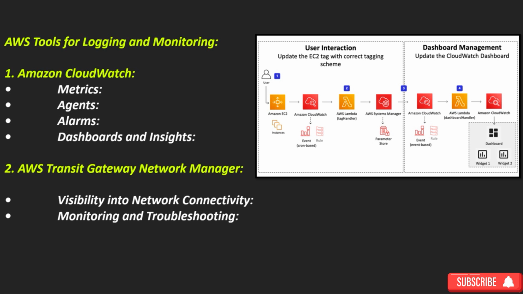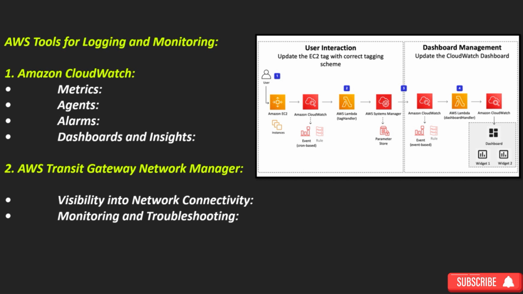And what about the alarms? Set up alarms to receive notifications when certain thresholds are breached, allowing for proactive issue resolution. Finally, dashboards and insights: create custom dashboards to visualize data and gain actionable insights into your system's health and performance.